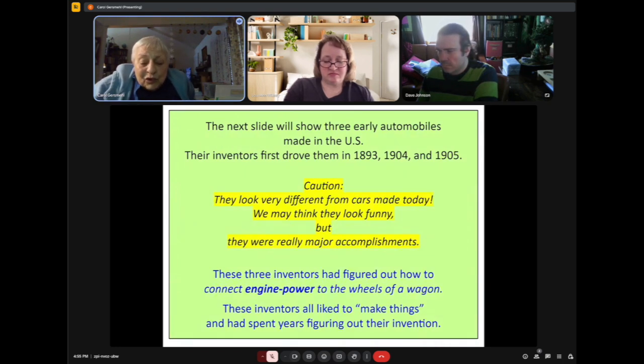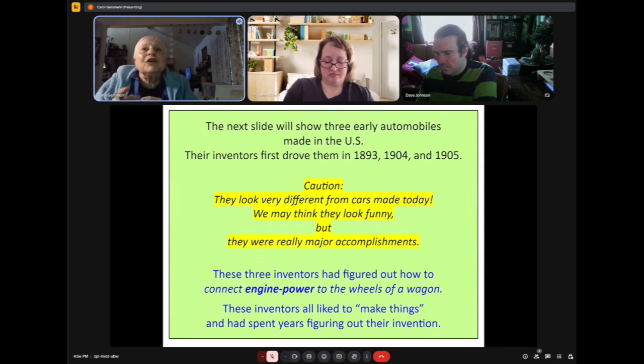I am going to show you some of the early automobiles from the late 1800s and the early 1900s. They look funny, but they were major accomplishments. These men all worked separately, although they often had teams, a bunch of mechanics working in a garage, all trying to figure it out.